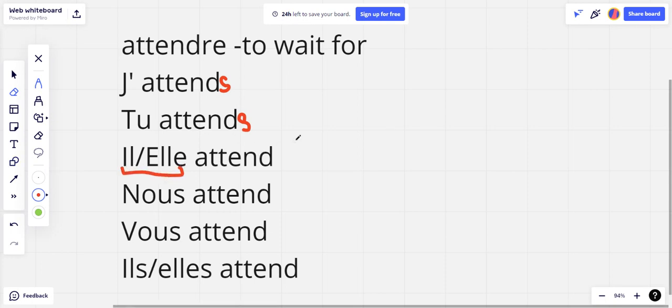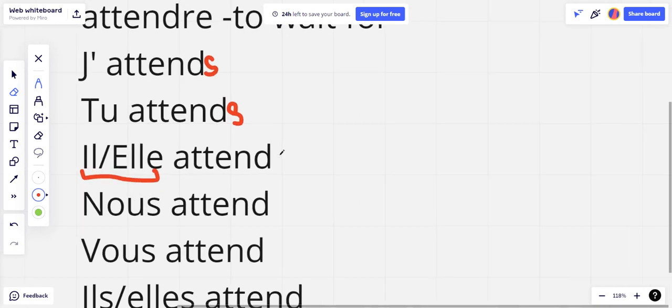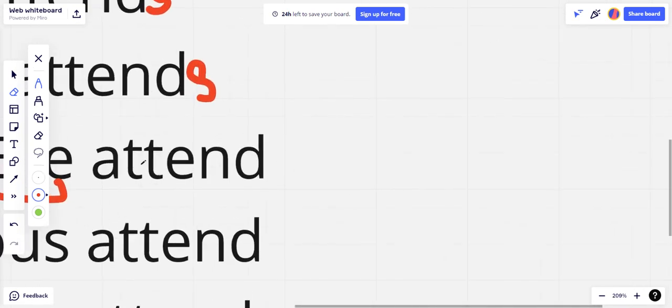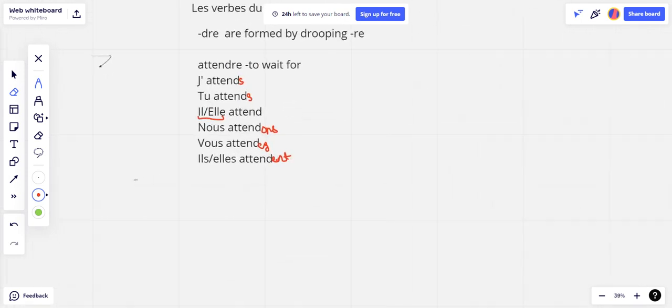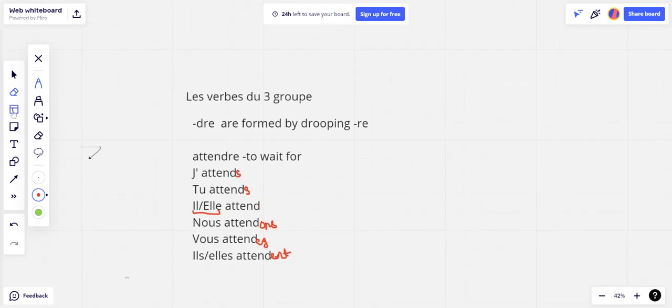With il and elle there is no ending; attend will remain the same. With nous, it is always ons. With vous, it is always ez, and with ils and elles it's ent. So this is how you conjugate these DRE verbs.